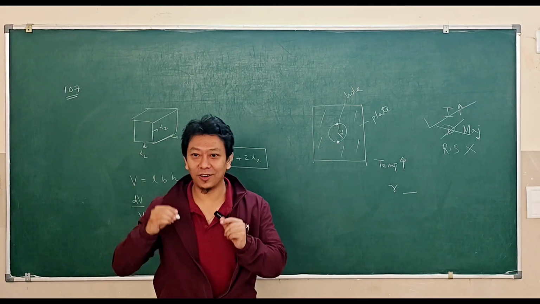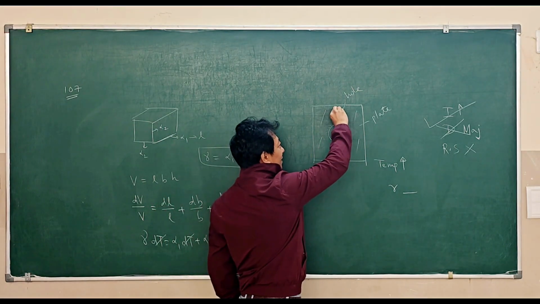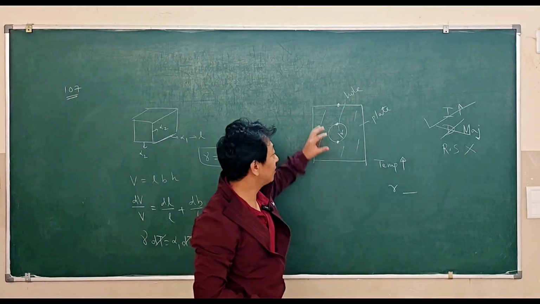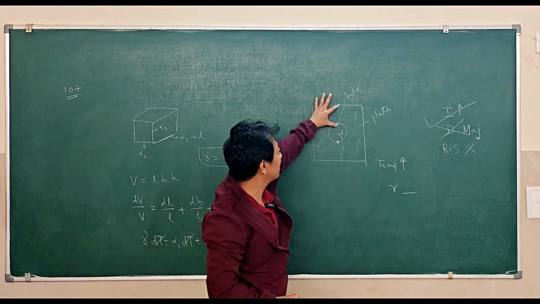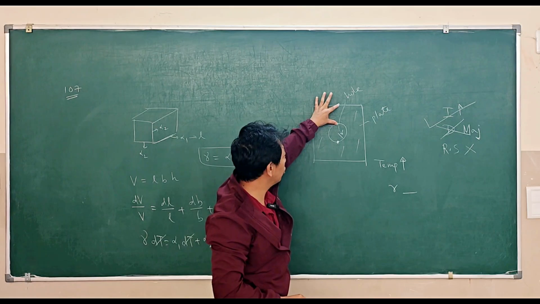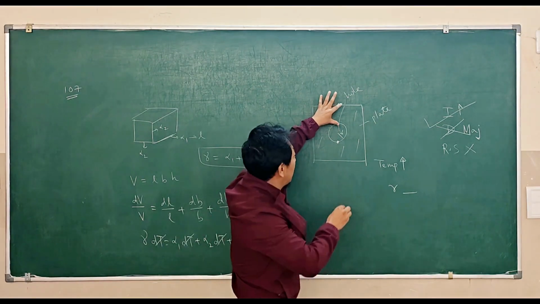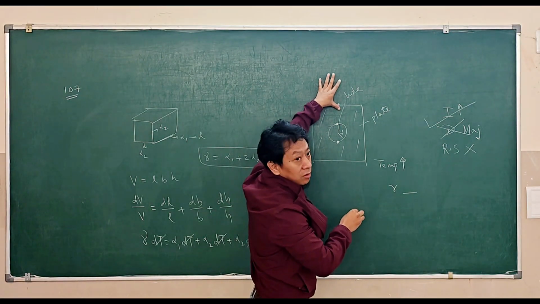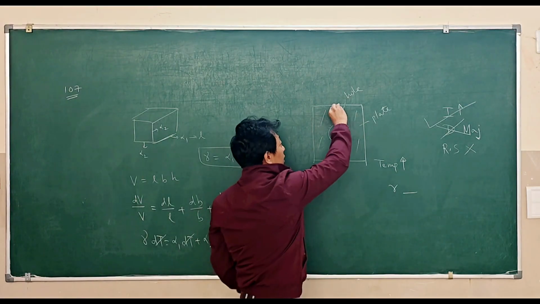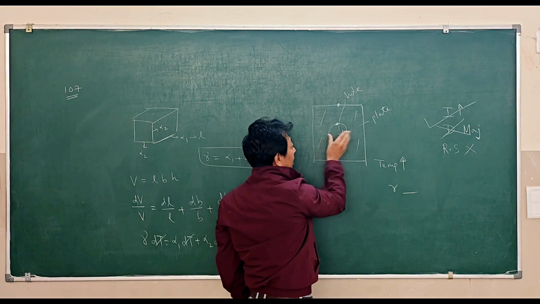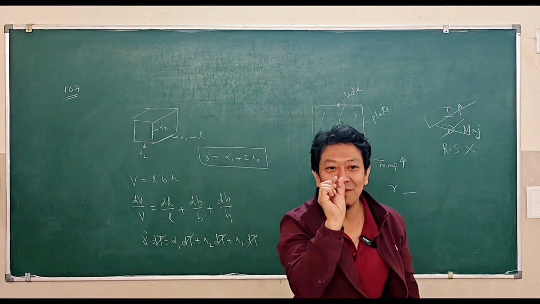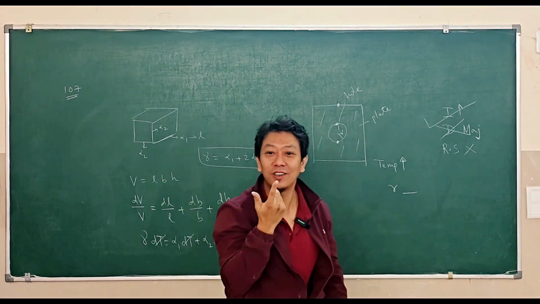What your brain thought was that it will increase like this, so the distance between these two will also increase. Why should it increase this way only? It can increase this way also. You thought it will increase this way, this way, this way, so the hole will become smaller, which is not the case.